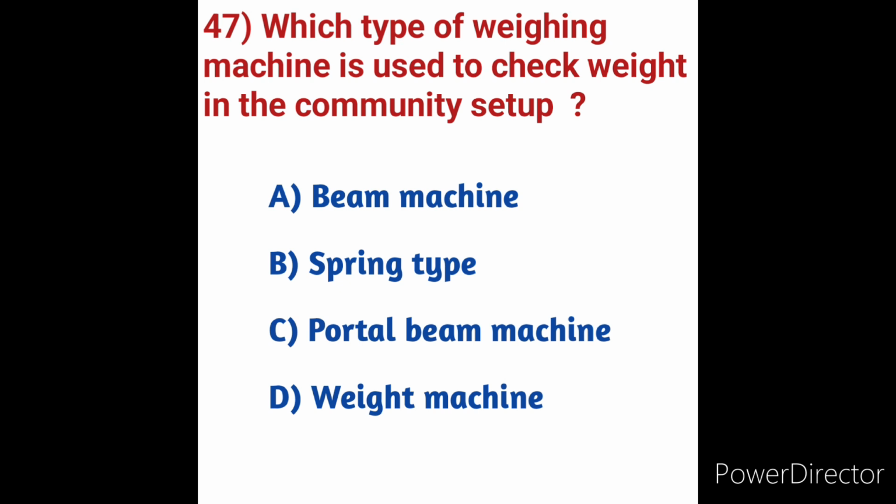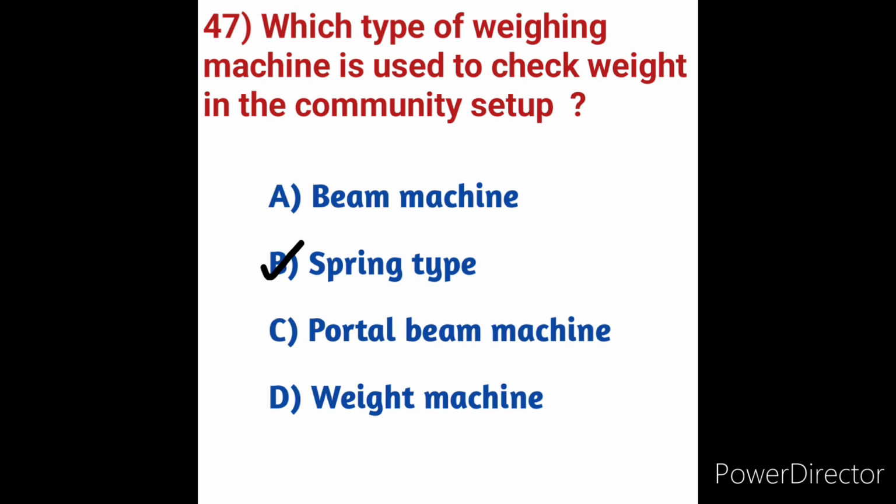The main uses of spring balances are to weigh heavy loads such as trucks, storage silos and material carried on a conveyor belt. They are also common in science education as force accelerometers. So here option B, spring type weighing machine, is the correct answer. We are using the spring type weighing machine in the community setup.